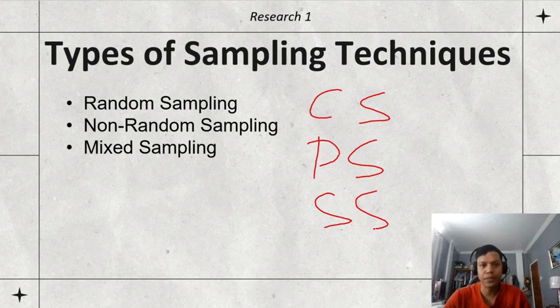Okay, purposive. You will no longer use random sampling because we only have a limited number of managers or supervisors of certain resorts, especially within the same municipality.